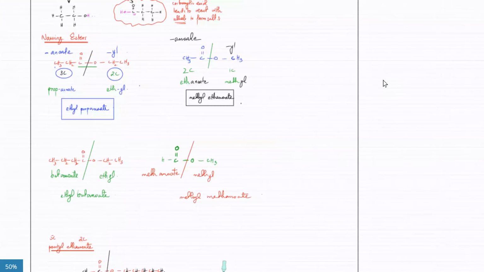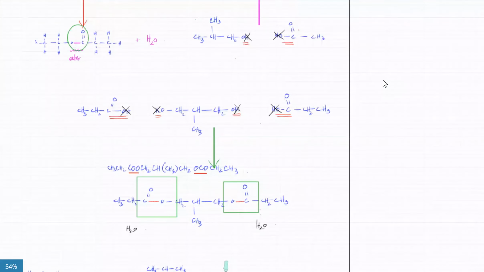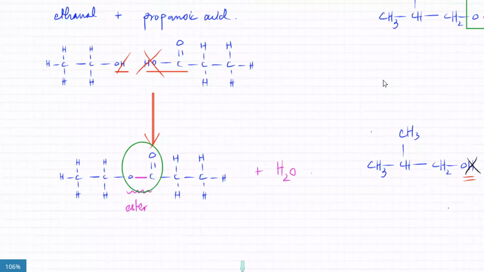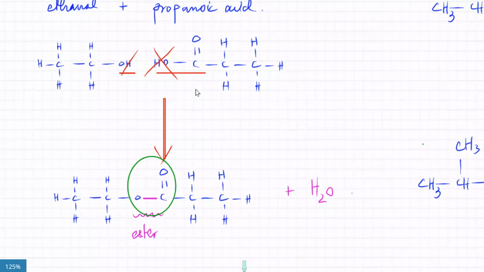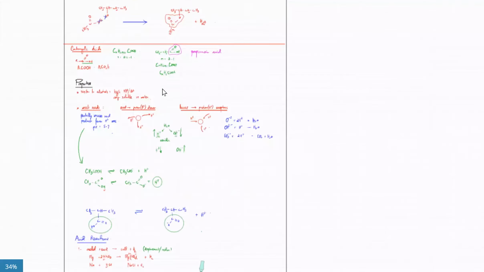So esterification was how are esters formed? You have an alcohol and you have a carboxylic acid. The carboxylic acid loses its OH, the alcohol loses its H, and the two would join up at this point. So the same thing would happen over here.